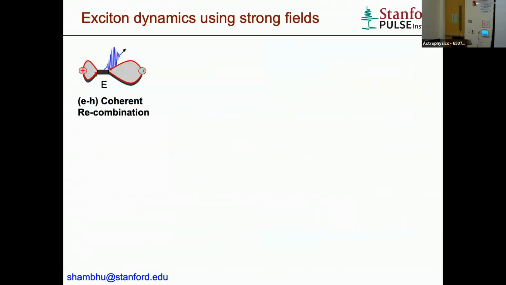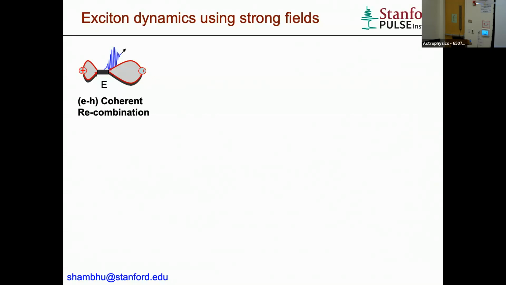The idea here is very similar to the gas phase, at least how I thought at the beginning. Let's say you had an exciton in the system, which for this discussion is essentially an electron and hole bound together, right? In the presence of the strong laser field, because of the different charge, the electron could go in one direction and the hole could go in the other direction.